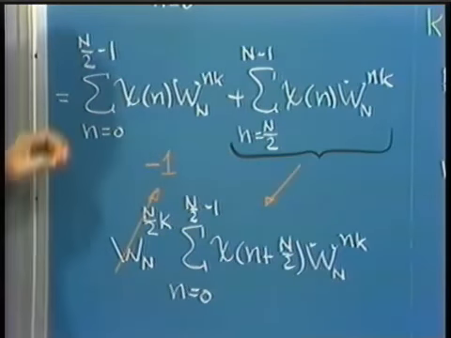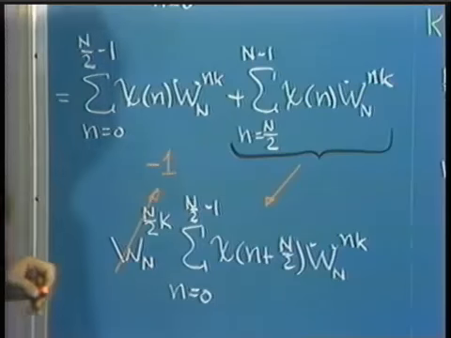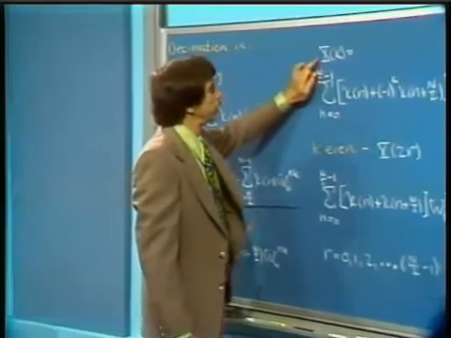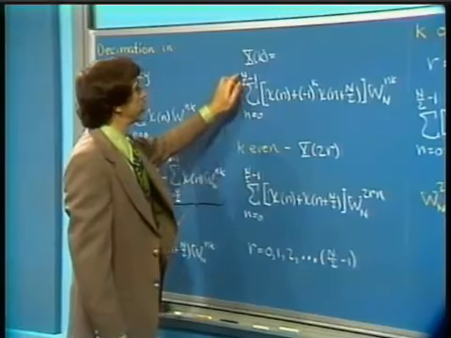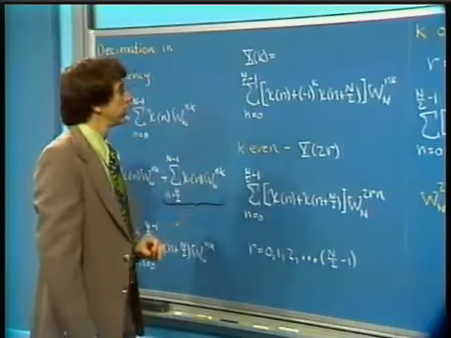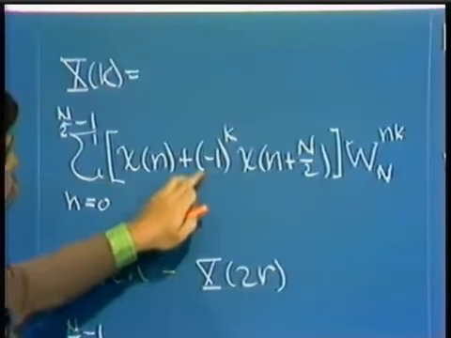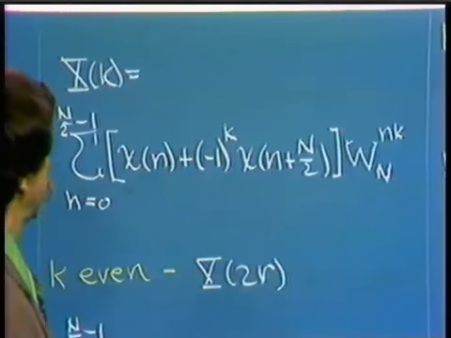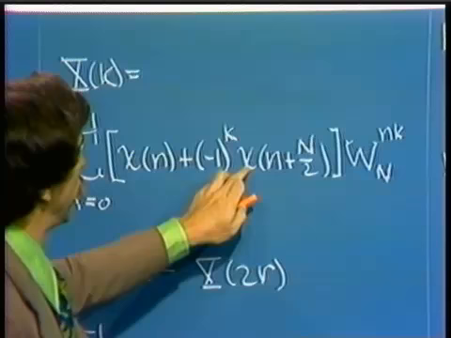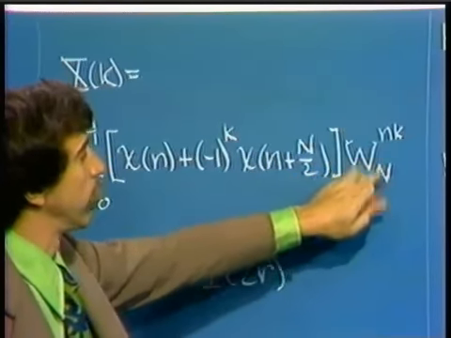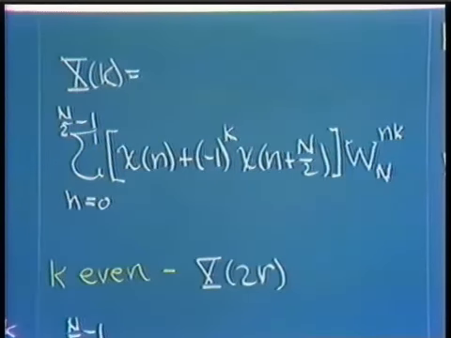And consequently, then, we can rewrite this as I've indicated here, X of k as equal to a sum from n equals 0 to N over 2 minus 1 of x of n plus minus 1 to the k, k being the index on the DFT, times x of n plus capital N over 2, W sub N to the nk.